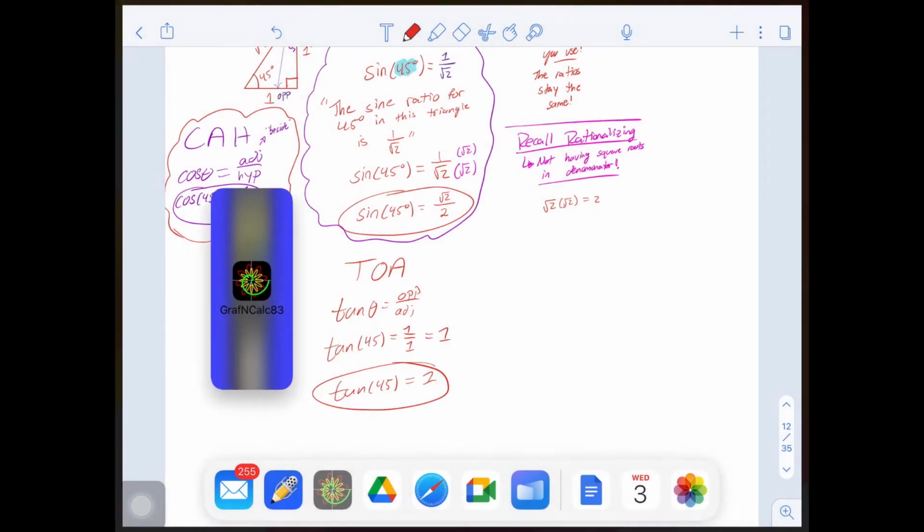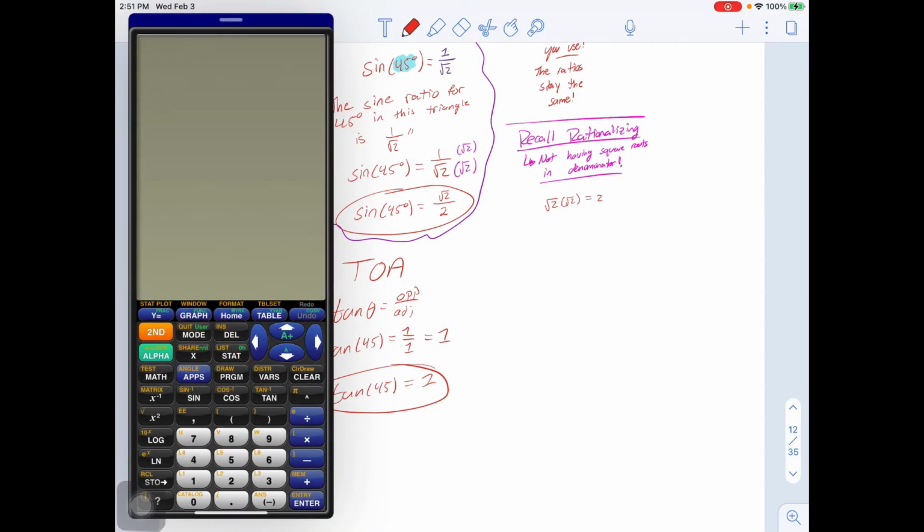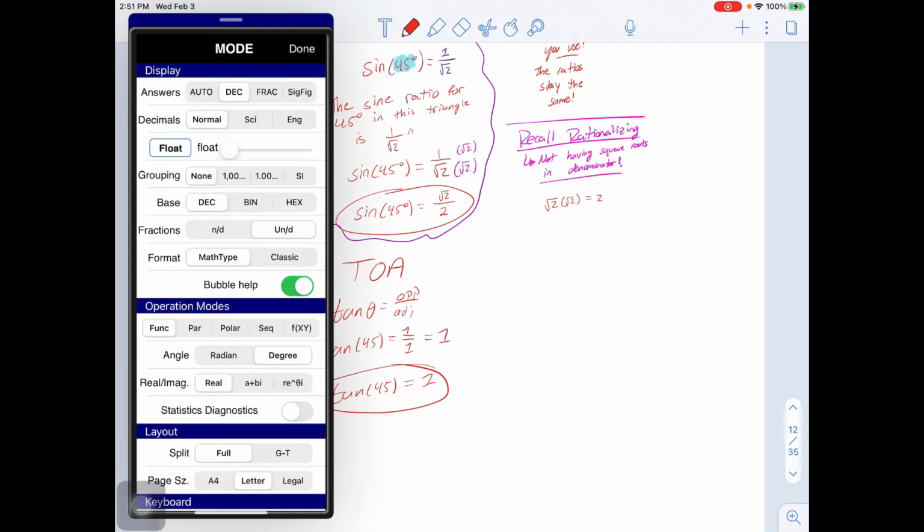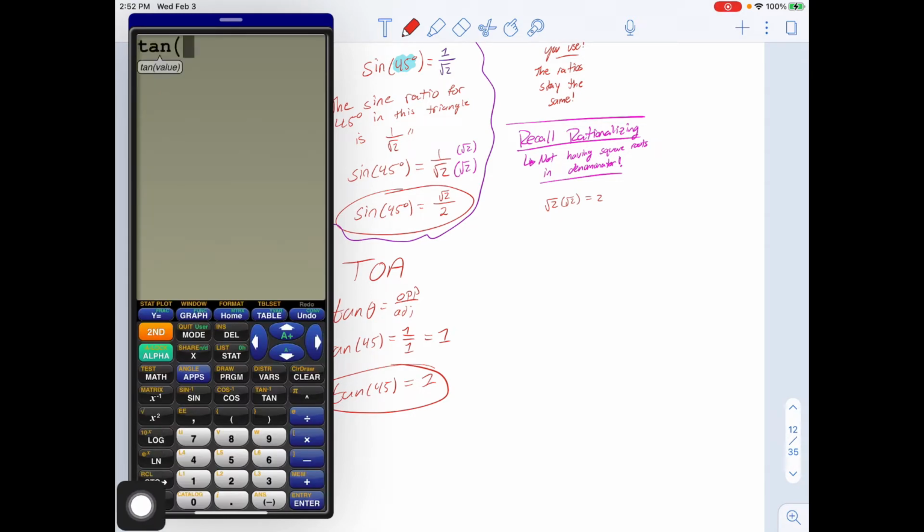So let's see here. Make sure you are in degree mode if you're going to try this out on your own. So right now, where are we? Mode, I'm in degree mode here on my calculator. So I'm going to write tan and then press 45.